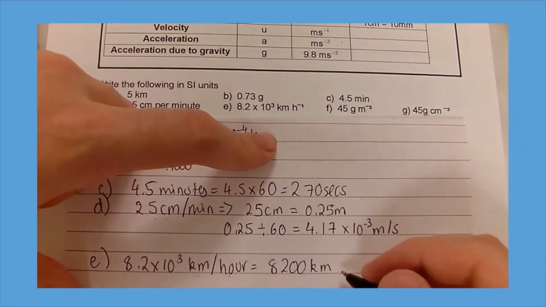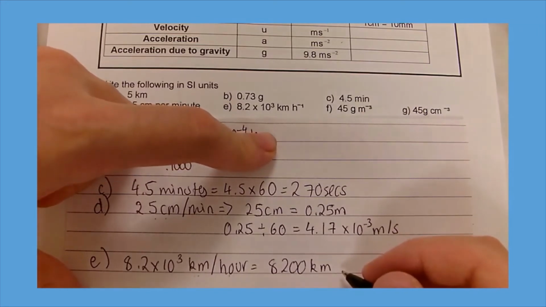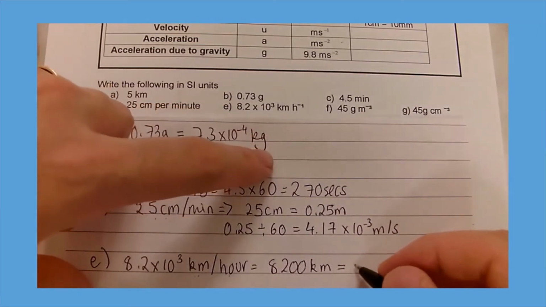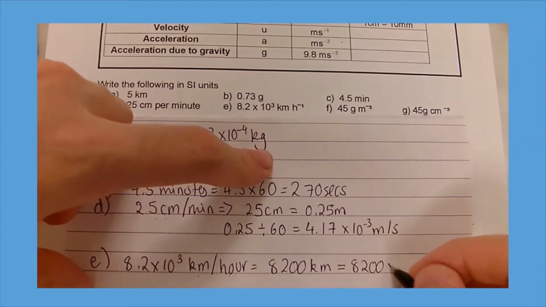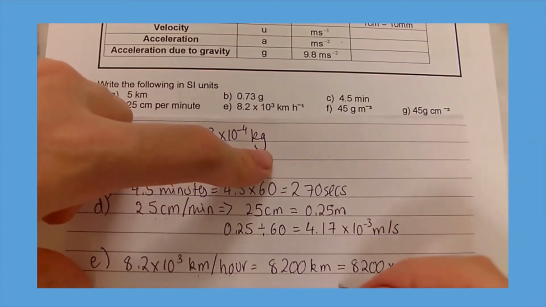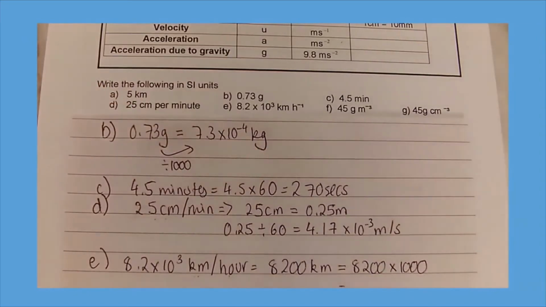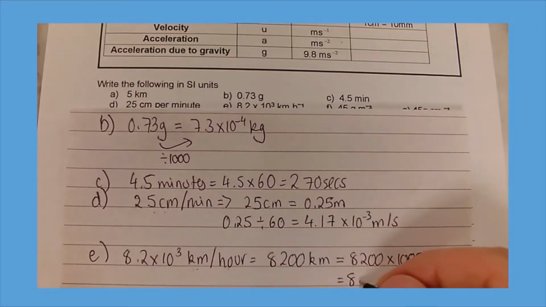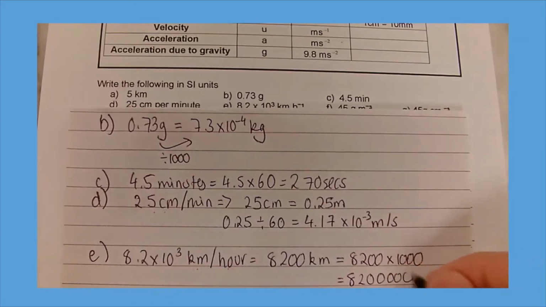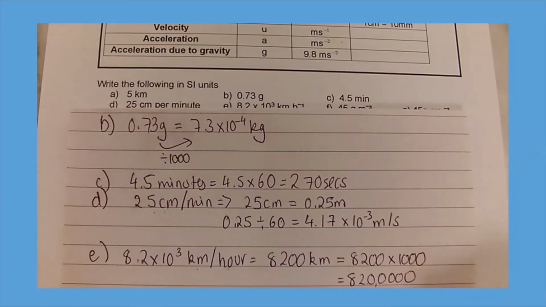So 8,200 kilometers, if you times that by 1,000, that will tell you how many meters that's going to be. So there we have it, or we can write that in standard form.